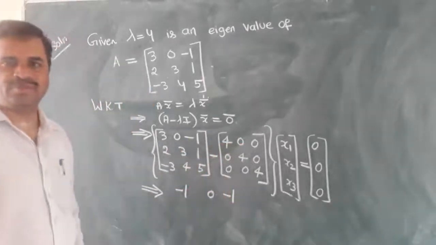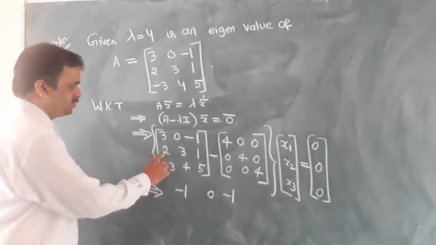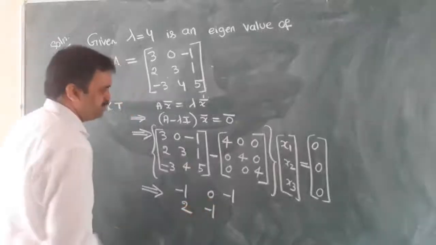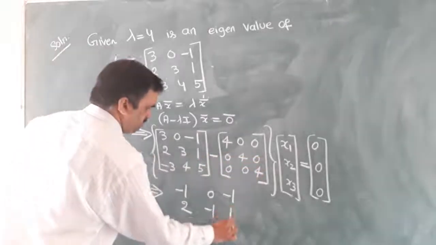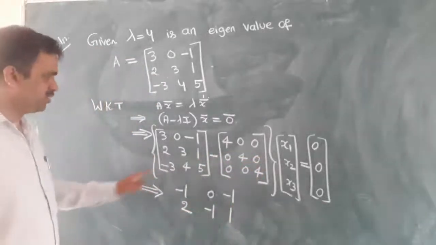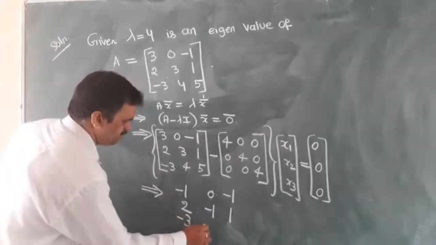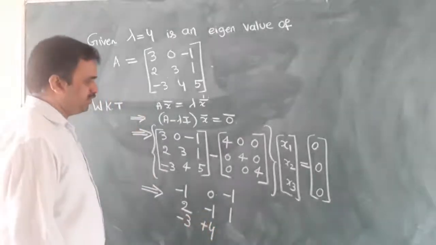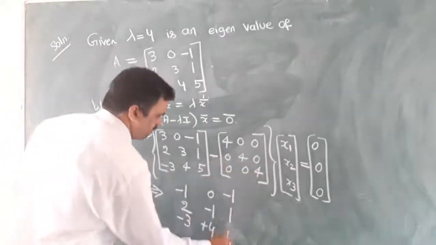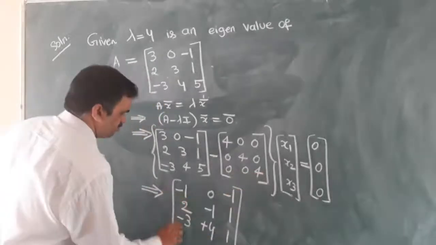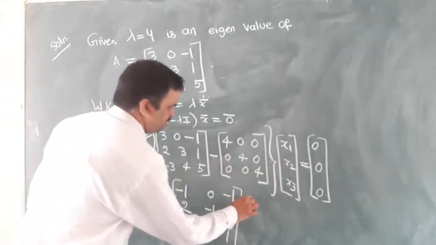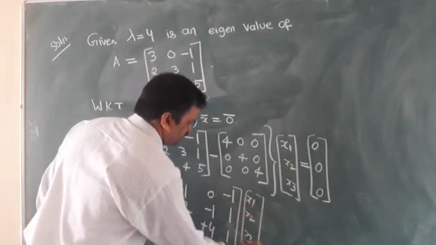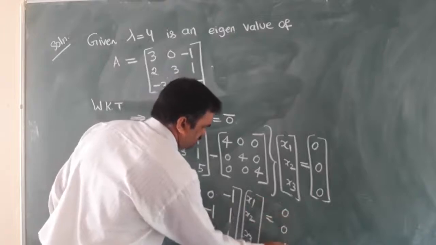Second row: 2 minus 0 is 2, 3 minus 4 is minus 1, 1 minus 0 is 1. Third row: minus 3, 4, and 5 minus 4 is 1, times x1, x2, x3 equal to 0, 0, 0.